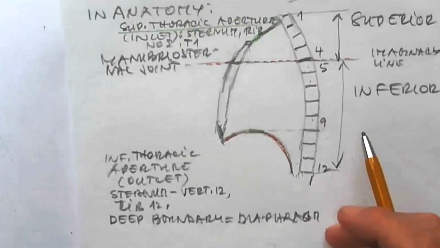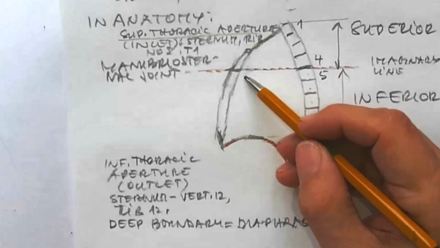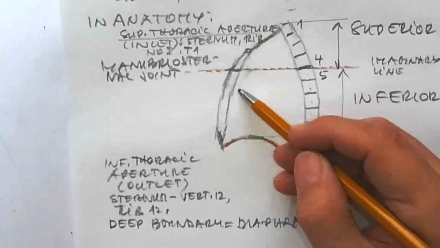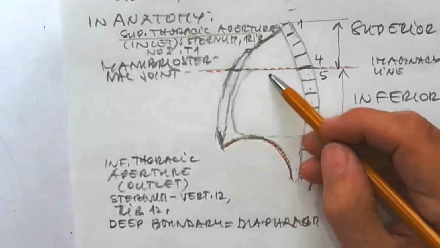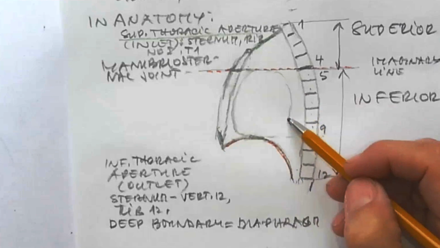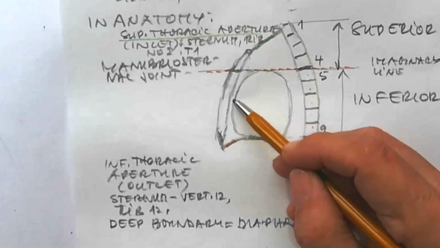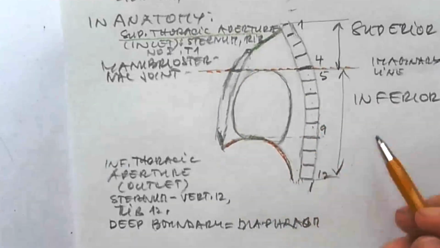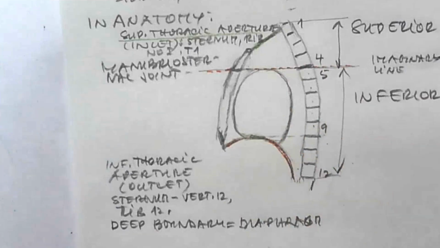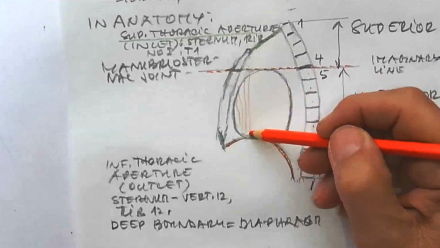And the inferior mediastinum is divided by the position of the pericardium. This is the pericardium, as you see, with the anterior wall and the posterior wall, and we could color it by light red.